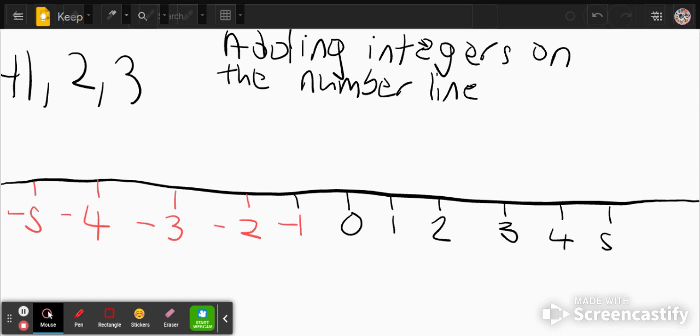Sometimes you'll see them with a plus before them, like plus 1, plus 2, plus 3. But just know that positive numbers don't have a minus sign in front of them.